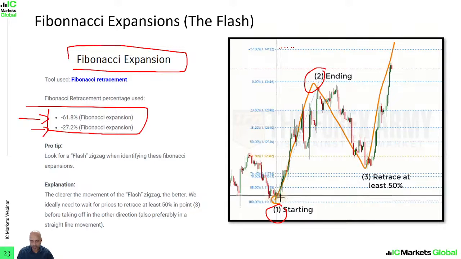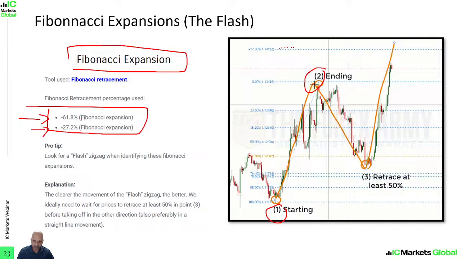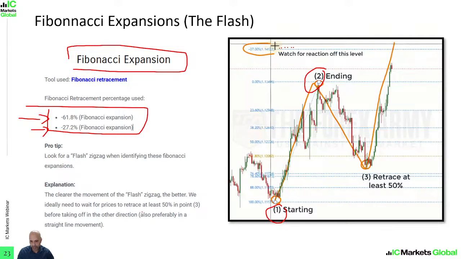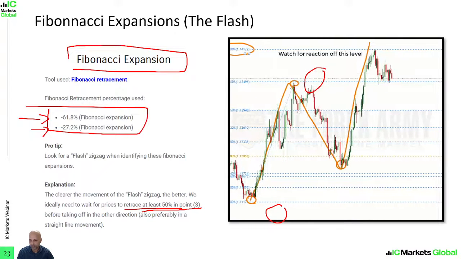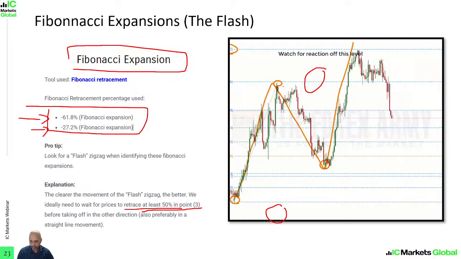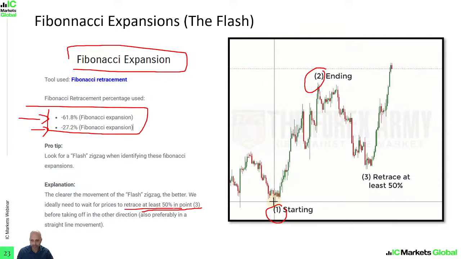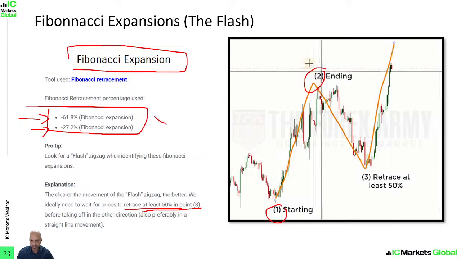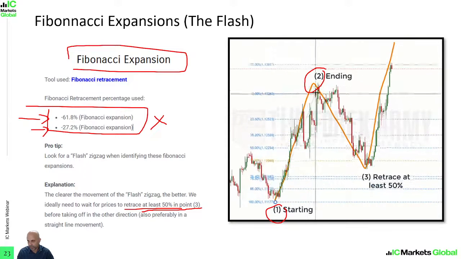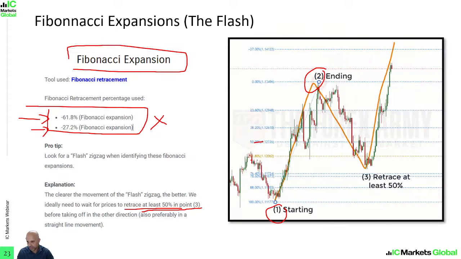And do take note that these levels only are valid, or we can only use the Fibonacci expansion level, when this criteria is satisfied. That means we must see price retrace at least 50% from the swing high at point 2. If price does not retrace 50% from the swing high at point 2, that means these expansion levels are typically not valid. So where is the 50% here? So you can see this is 50%, this is 61%.